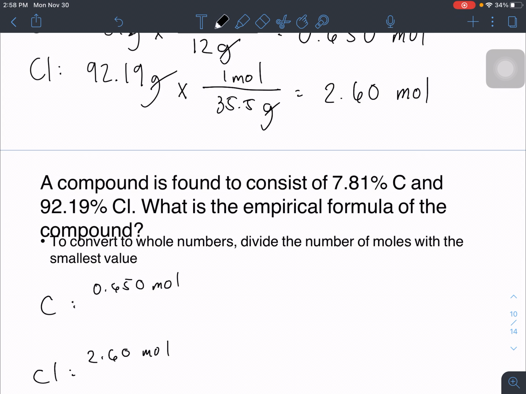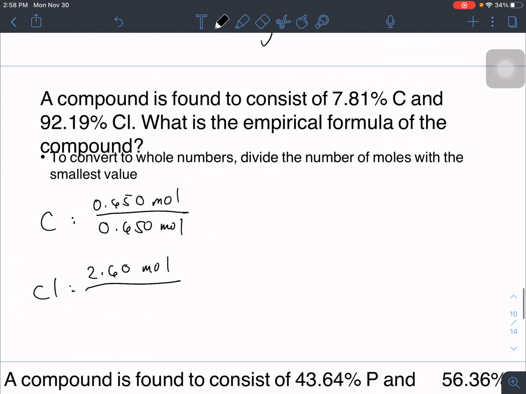Among the two, carbon has the smallest number of moles, so this will be divided by 0.650. Same with this one, it will be divided by 0.650 moles. Cancel similar units, so this will leave us 1.